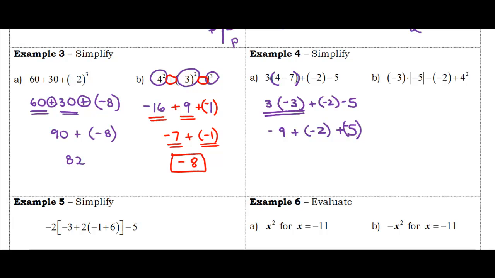But if you need this extra step, great also. So what is negative 9 plus a negative 2? Negative 11. And it's negative 11, and I keep going negative 5 more. Where am I? Negative 16.